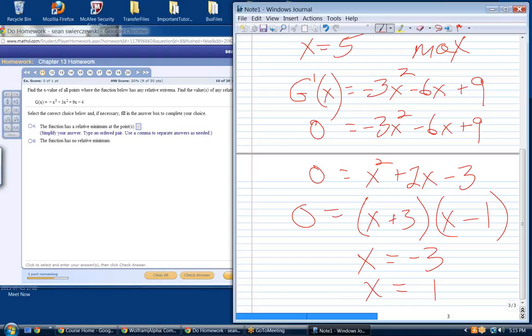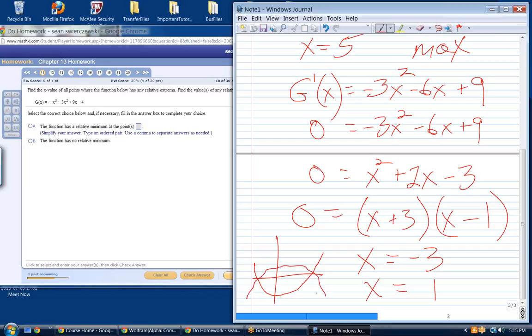Well, essentially, wouldn't negative 3 have to be the minimum and 1 the maximum? Remember that you're looking at the x values here, not the y. Without further analysis, we don't know. In other words, we could be looking at a graph maybe something like this, or it could be something like this.